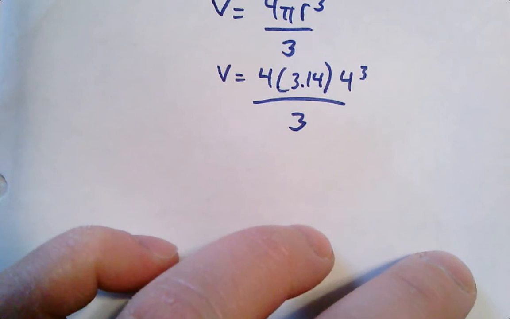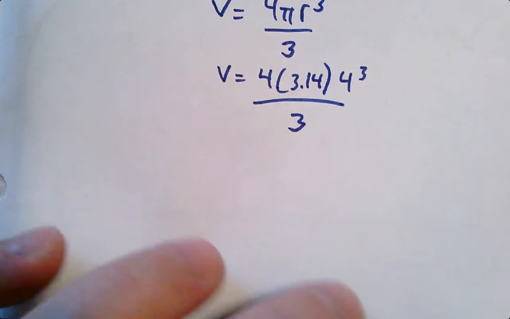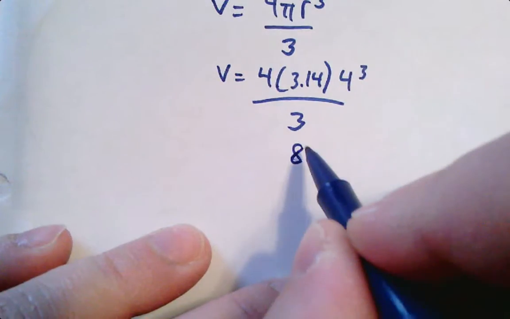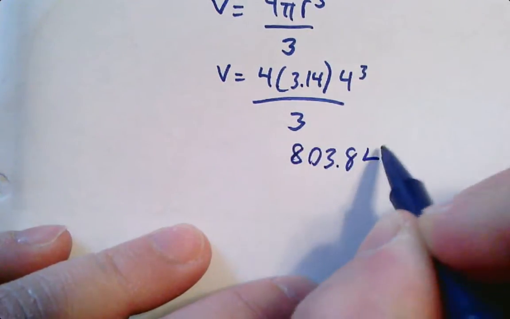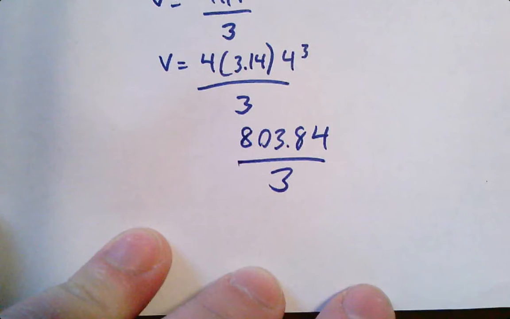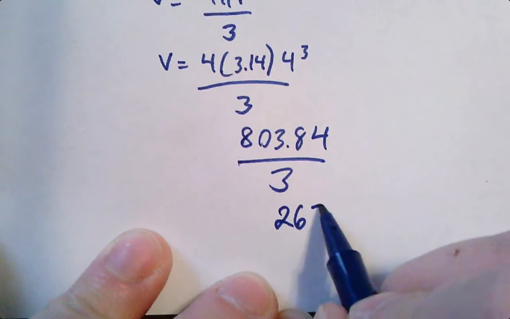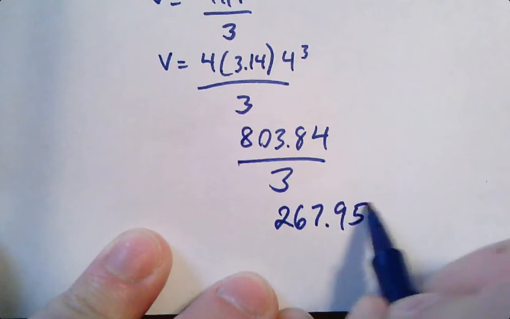So I'm just going to do the whole numerator in my calculator. 4 times 3.14 times 64 is 803.84. So that must be my answer right there. Just kidding, it's not, because you still have to divide by 3. And then you get the answer of 267.95.